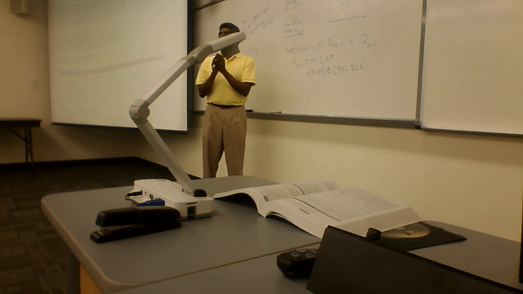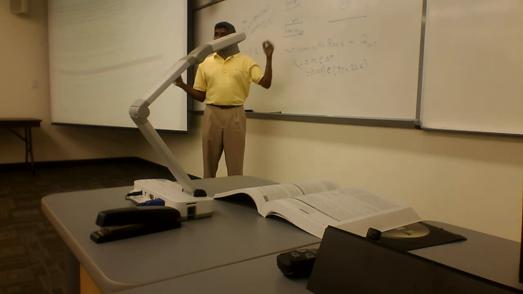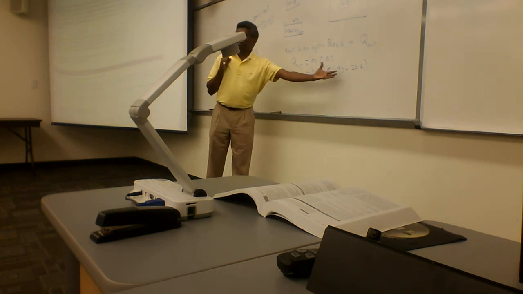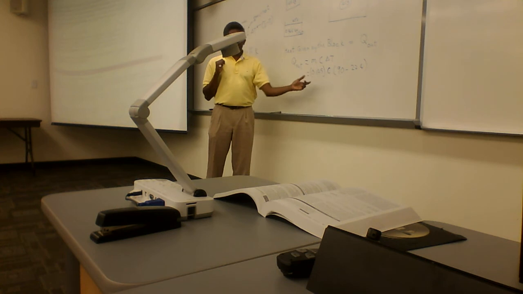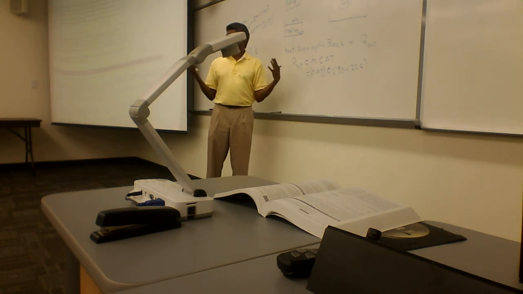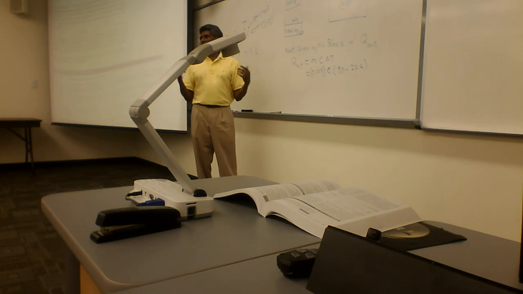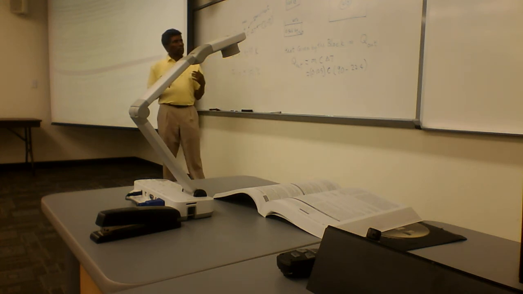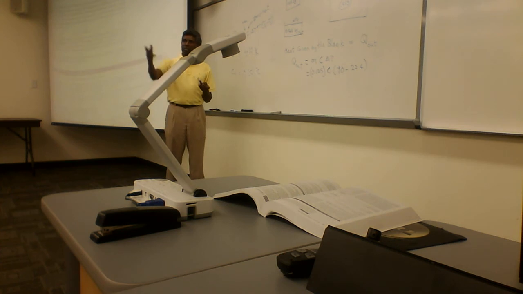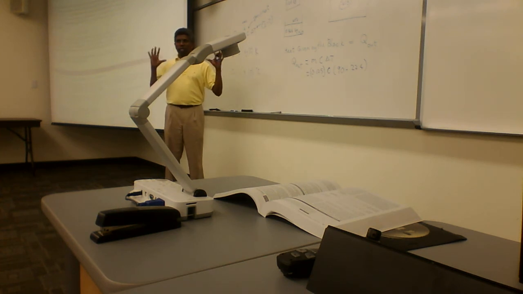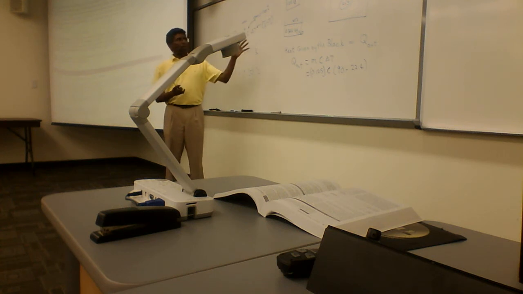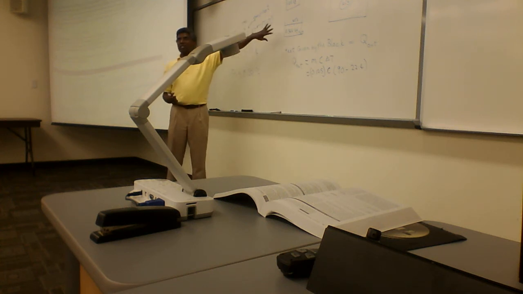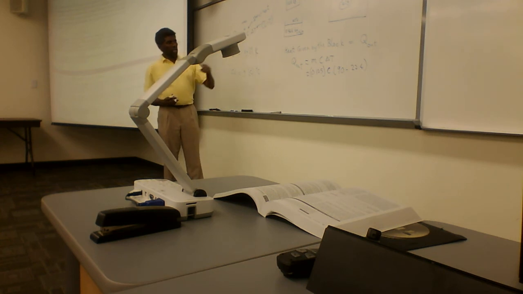All it tells you is how much heat came out from the hot object, how much heat the cold object absorbed. So always my delta T will be a positive value. Otherwise, this whole thing is going to be negative, and then I'm getting confused about what happened to that negative sign. It is like, I give some money to somebody, that person is going to be that much richer. I'm not going to say negative, this much I give to somebody. That's the whole concept. I'm looking at it from a very simplistic point: how much heat came out, and how that heat is absorbed. So that's that amount.